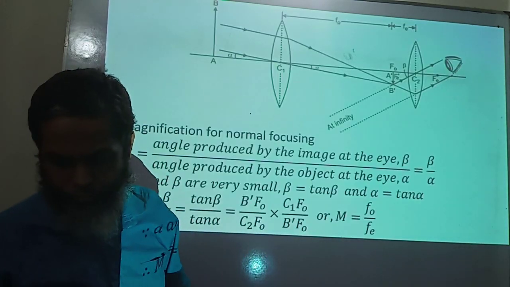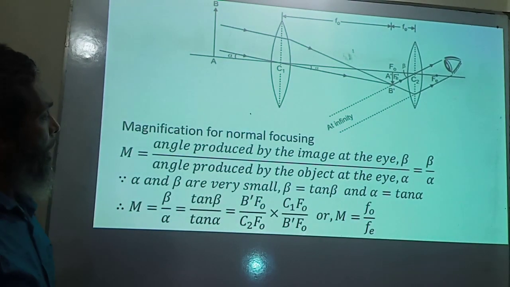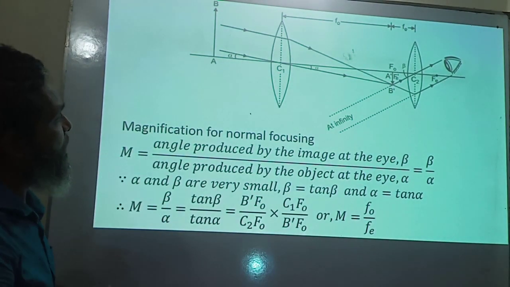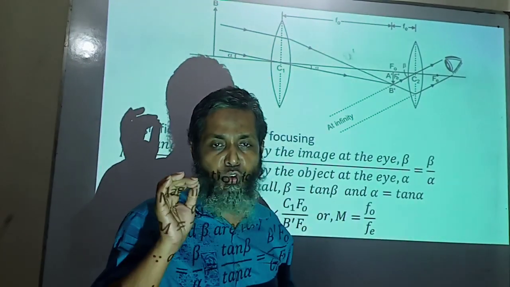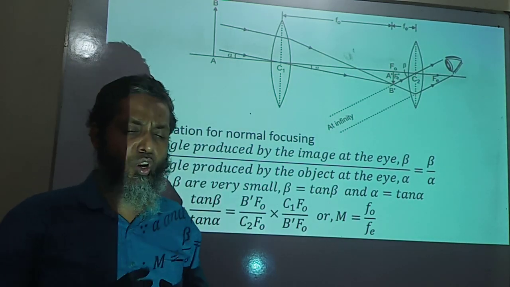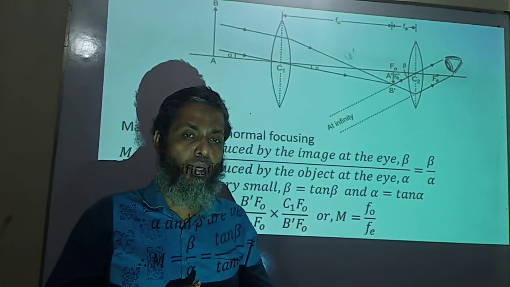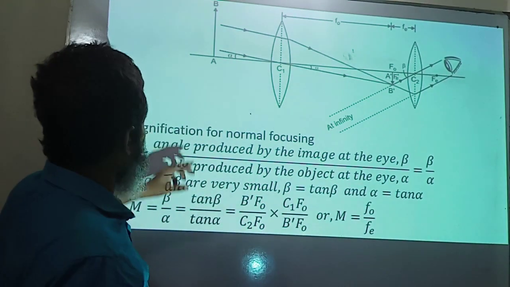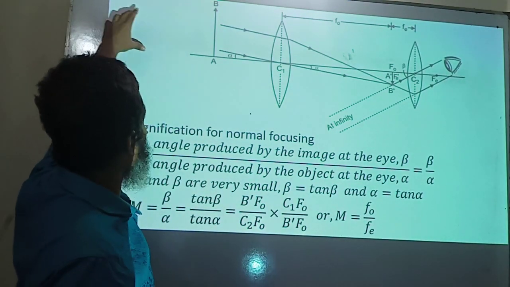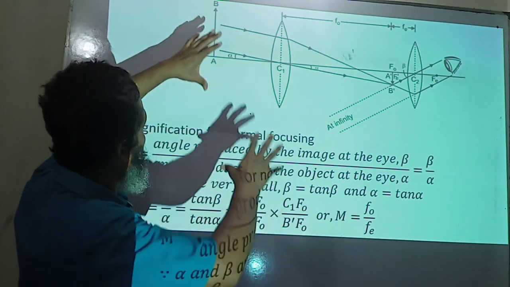Let us see the ray diagram and magnification in an astronomical telescope. In an astronomical telescope, there are 2 focusings. One is normal focusing, another one is focusing for distinct vision. Here the rays are coming from infinity, because the object is at infinity and the object will be very big.